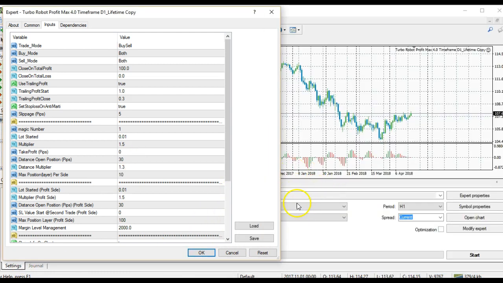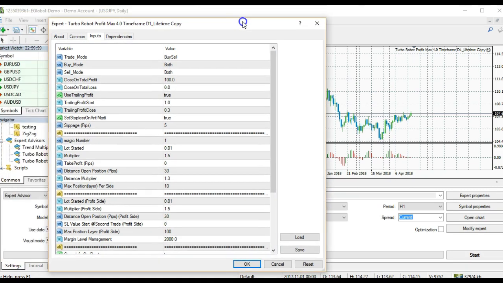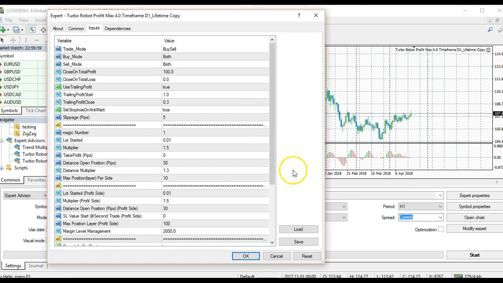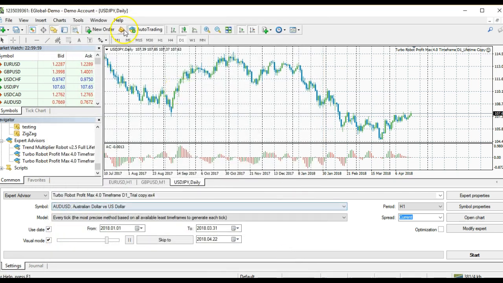In this portion I will be teaching you how your settings work and how to better understand the trailing profit, using the tester. We will be using the tester for you to test your settings. If you are familiar with it, you can click this strategy tester.